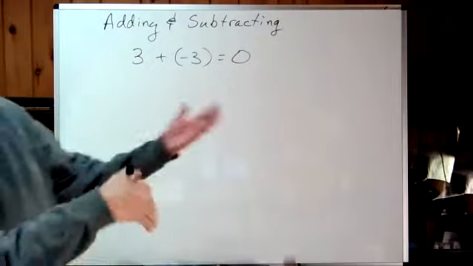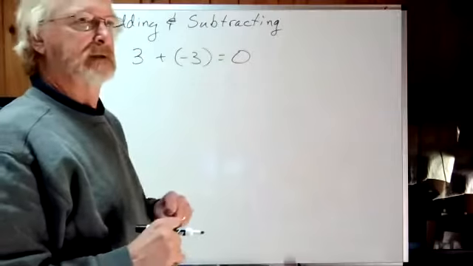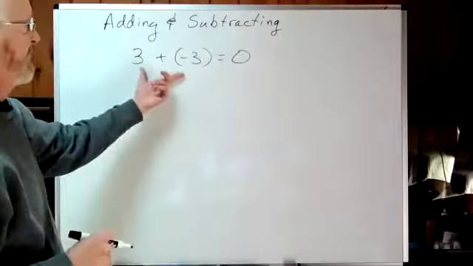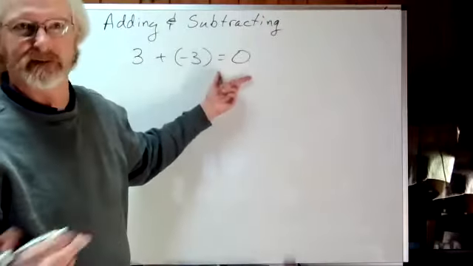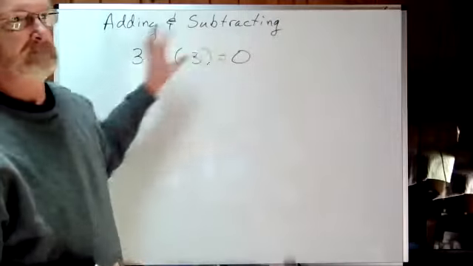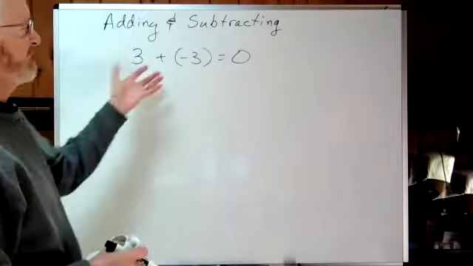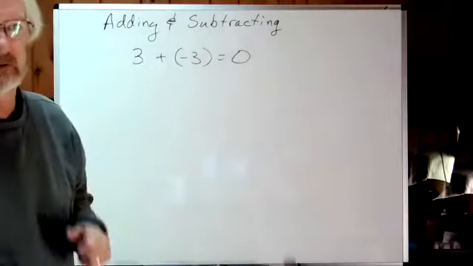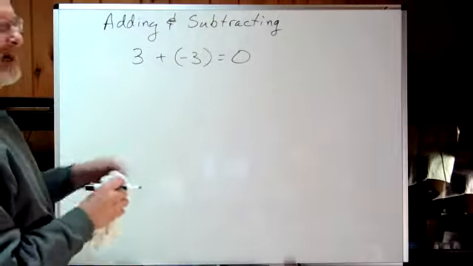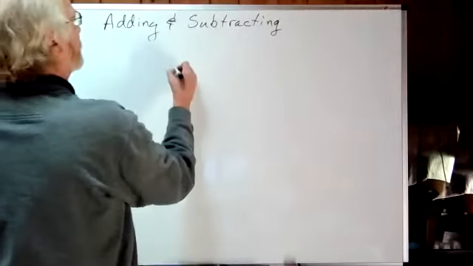I made the claim that this is something we'll use in equation solving, even if it's in our head. If I can get two numbers to add up to 0, canceling each other out, then I've gotten rid of it. So we're going to use this additive inverse property in the process of adding and subtracting to get down to that final form.